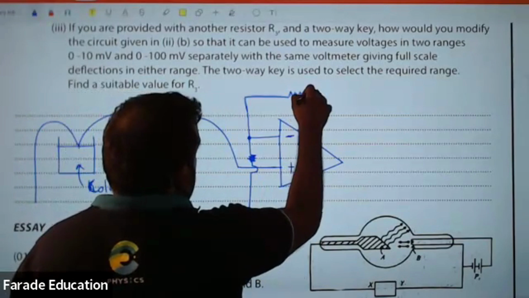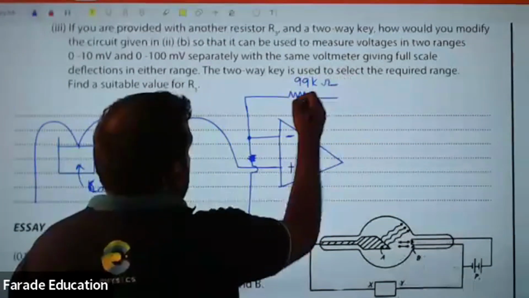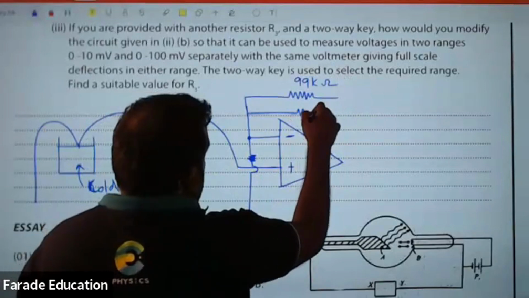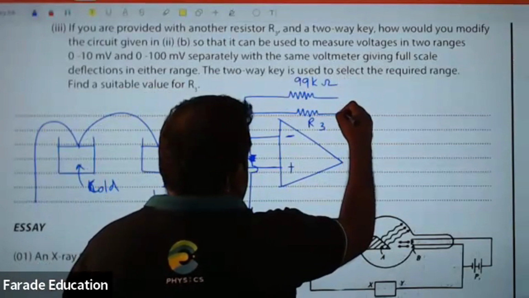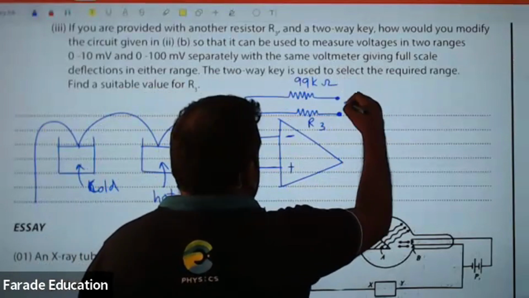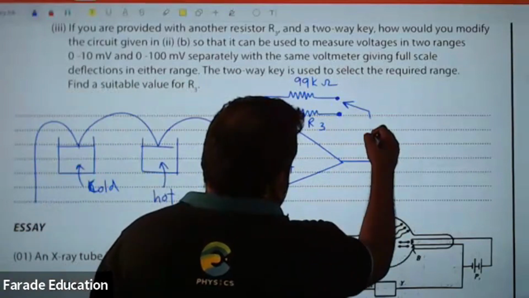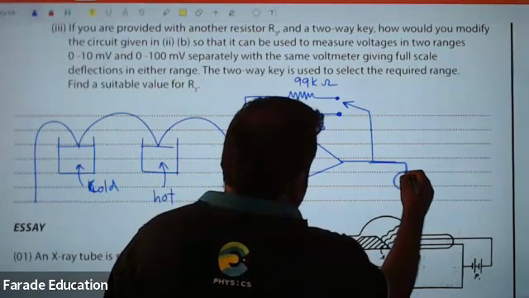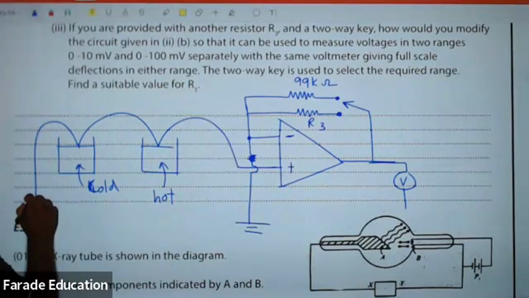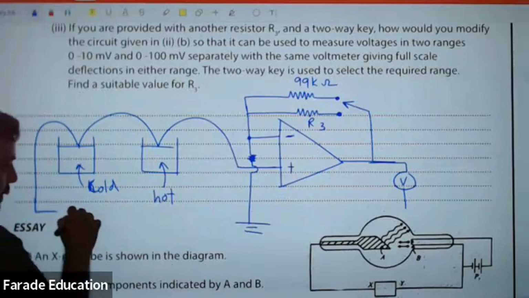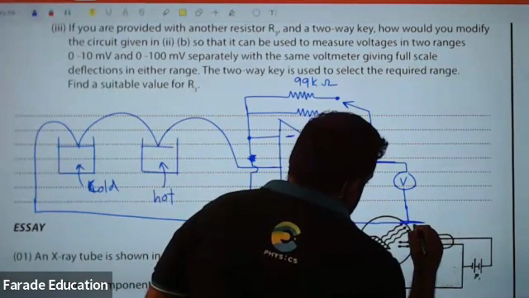Now, earlier we found 99 kilo ohm. Now we have R3. Two-way switch is there. We can decide which one to use. Depending on that, we can connect it to the voltmeter, which is also grounded.